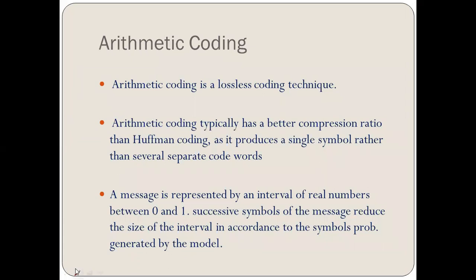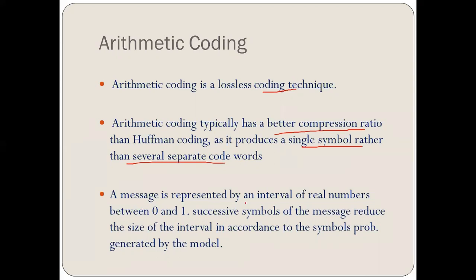Arithmetic coding is a lossless coding technique. This coding technique typically has a better compression ratio. I'm not talking about the average length, I'm talking about the compression ratio, compared to Huffman coding, as it produces a single code word rather than several separate code words. That means for a sequence of symbols, it generates one code word rather than single, separate code words.